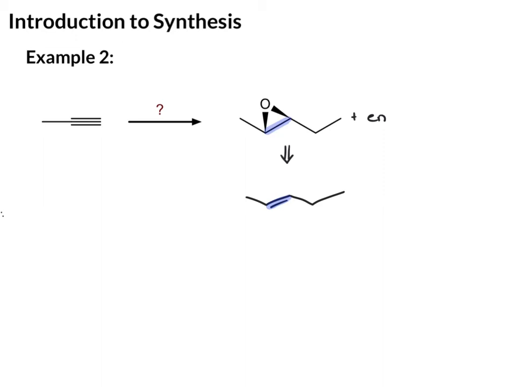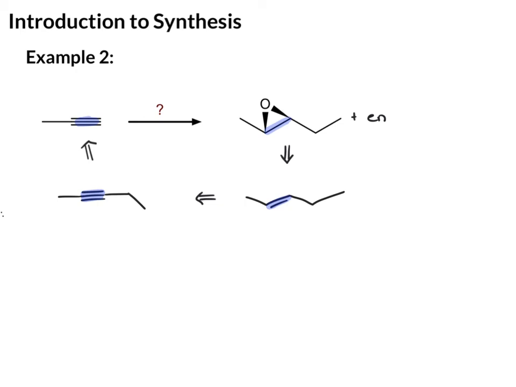We can get to the trans alkene through the reduction of an alkyne. So again, working backwards, this alkene can come from the alkyne. And then this alkyne can come from alkylating the starting material. So there's our alkyne and how it ends up eventually in the product.